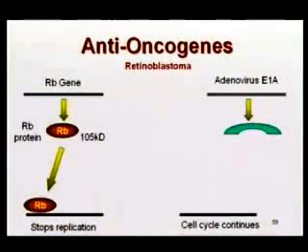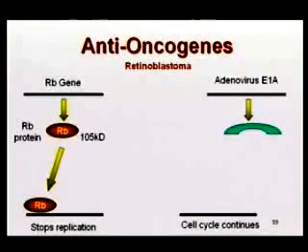Now, when you look in, say, an adenovirus-infected cell, normally in a non-infected cell, here's the RB gene, it does its job. It's a 105,000 molecular weight protein, and under most circumstances it sits there on the DNA, on the chromosome, and says, this is not to be duplicated. So it stops duplication.